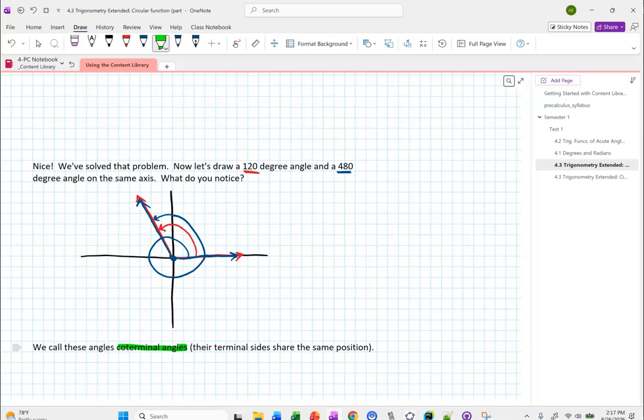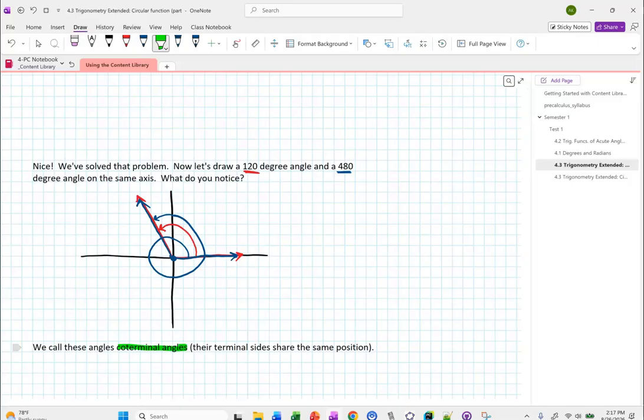We call these things coterminal angles because their terminal sides coincide. They lay one on top of the other. If I look at the measures of those two angles, 120 and 480, do you notice any relationship between those two values?